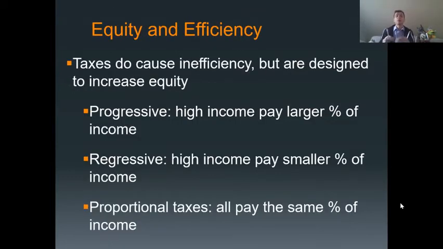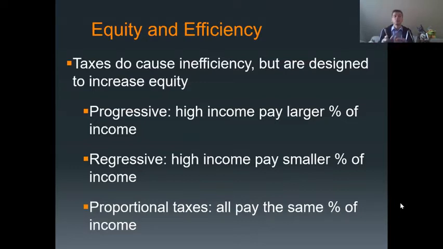Now, what happens when you throw a tax into that? We've already talked a few times about efficiency and what happens when you mess with the market. A tax messes with the market, and so it does cause inefficiency. Absolutely. There is not a single economist that is going to say that it doesn't, but they're designed to increase equity. So at least some are designed to increase equity, at least if they're done well.